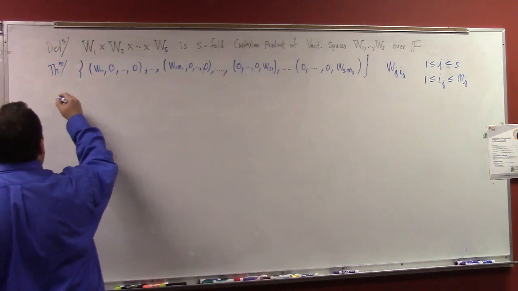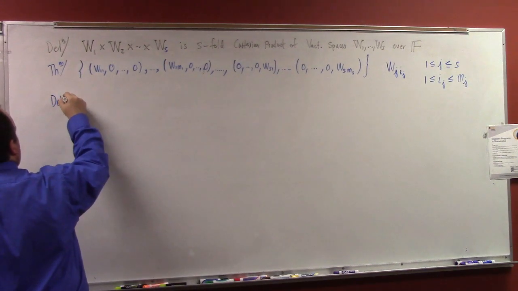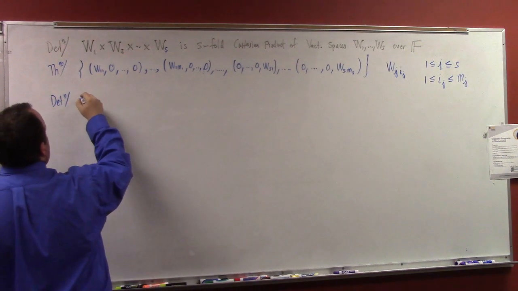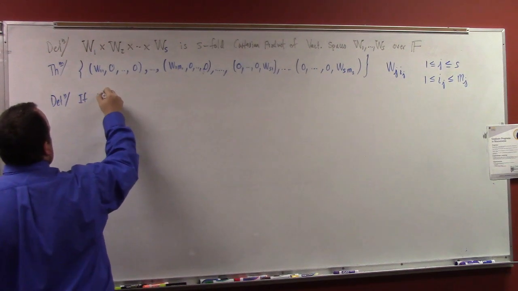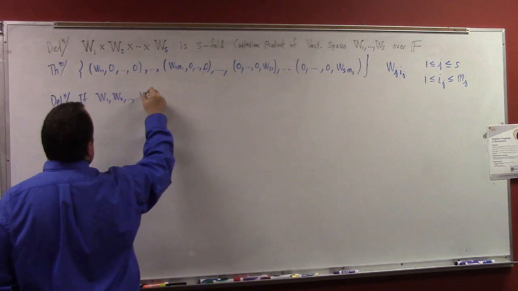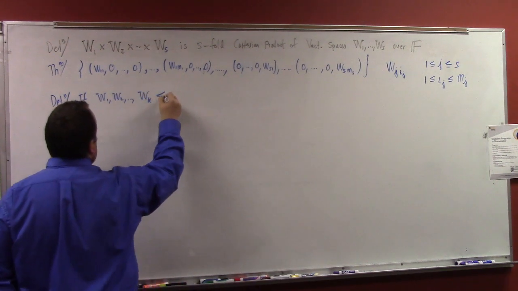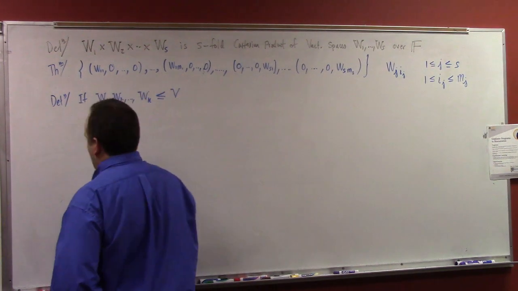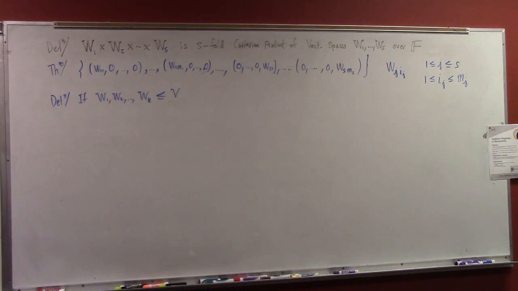And then definition: W1, W2, dot, dot, dot, W, let's say K, are subspaces of V, all right? If they're subspaces of V, then we say V is an internal direct sum of the subspaces.